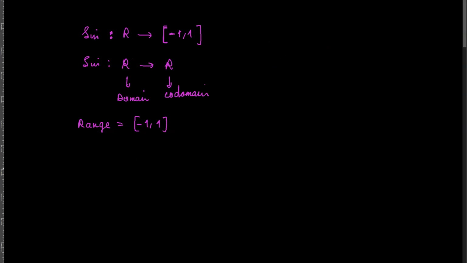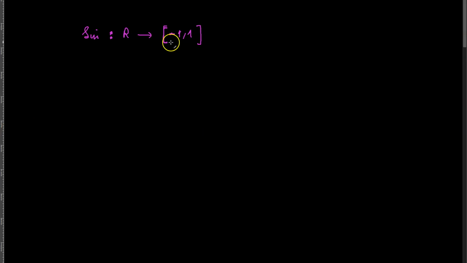But for whatever reason, which we will hopefully find out shortly, they have defined the function from the set of real numbers to the closed interval negative 1 to 1, and that way you don't have to worry about the codomain and the range of the function. In this case, the codomain and the range would be the same, and so the function would be invertible, provided that you take care of the domain of the function, of course, right?